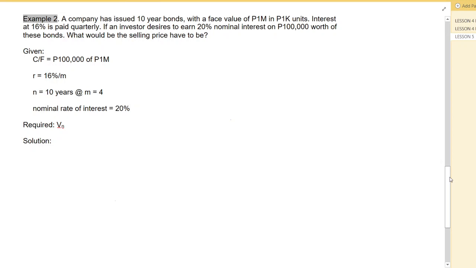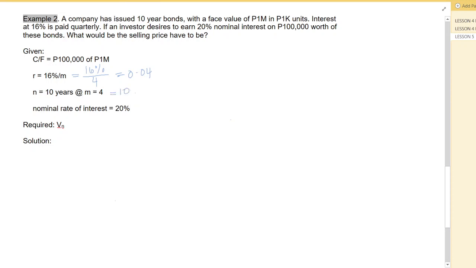Okay, so for R, that is 16%, since that is paid quarterly, we have to divide this one, 16%, or 0.16, divided by 4, since that is in quarterly. Okay, so that is equal to 4%, or that is 0.04 already. Okay, so for N, that is 10 years, since that is paid quarterly, we have to multiply it by 4.